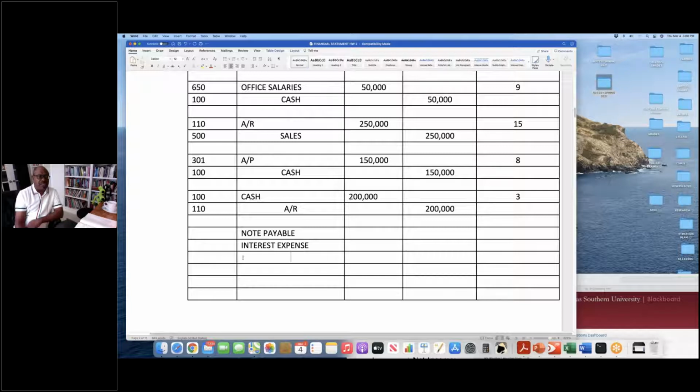So how's this going to look? What are your debits going to be? You gonna debit note payable and interest expense, and you gonna credit cash.